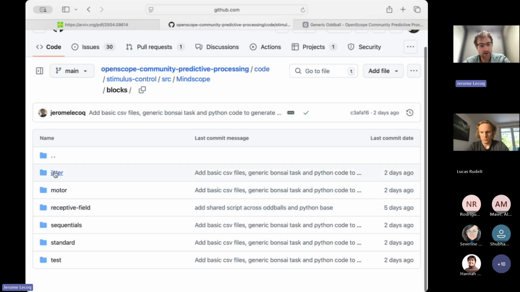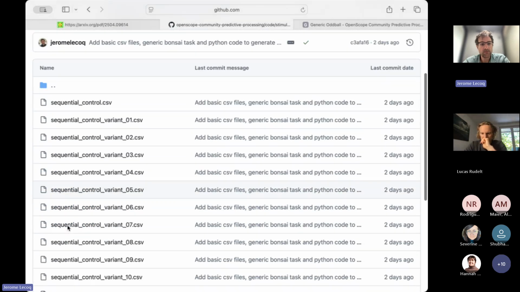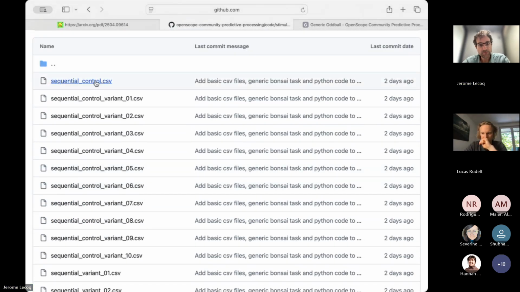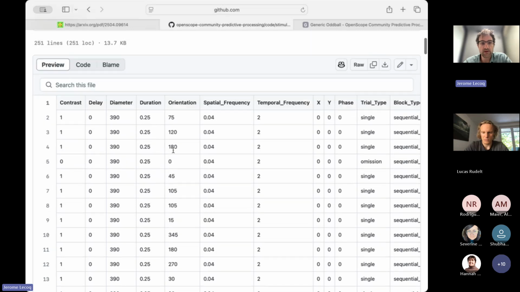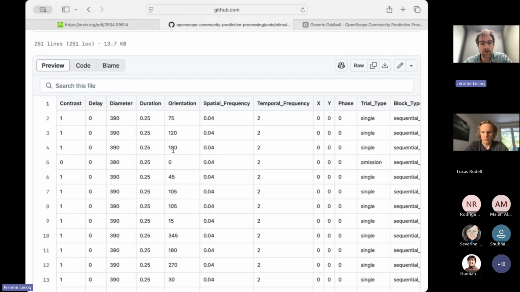For instance, if you go to sequentials, you'll find a control CSV, as well as 10 variants of the session. Currently, the simplest way I could implement shuffling with Bonsai, in a way that scales well, is I generate a lot of these, and when the session starts, I just pick one at random so that the mouse cannot predict what's going to happen. Any one of these contains all of the trials that a block will have.